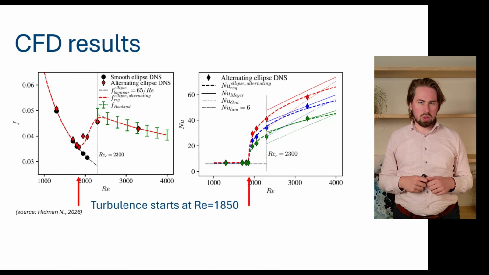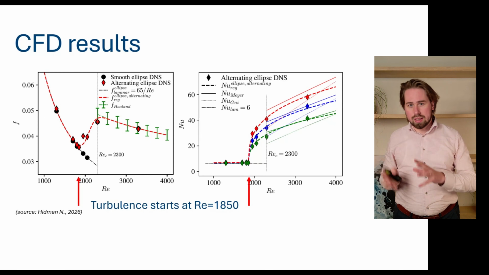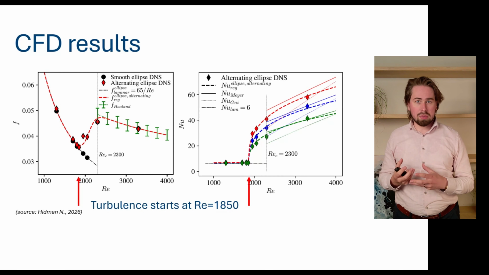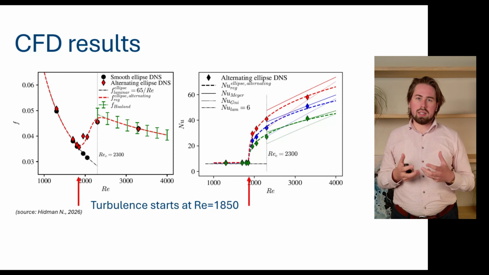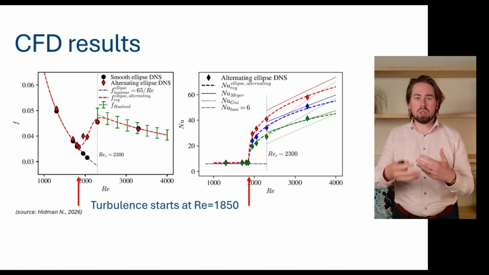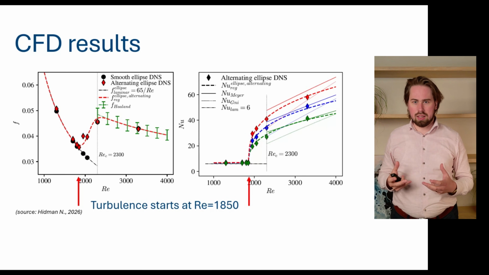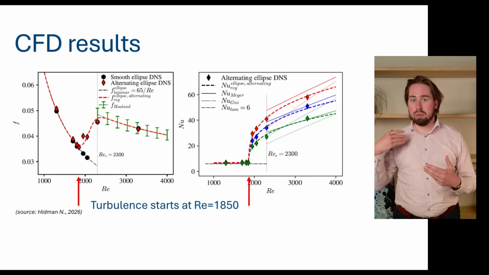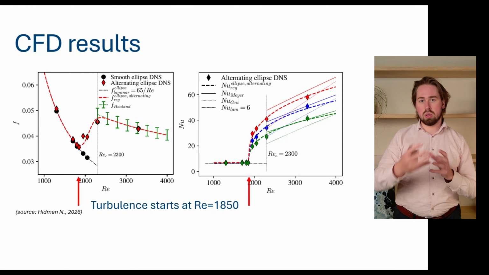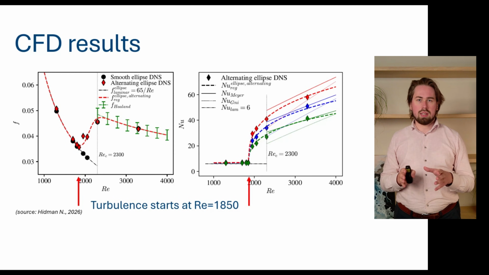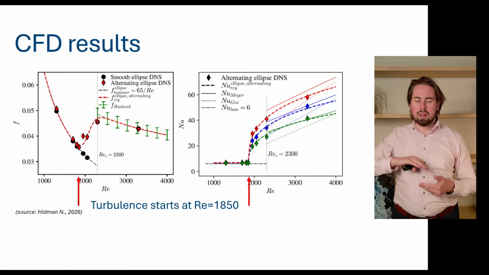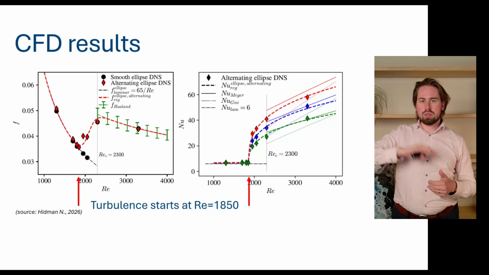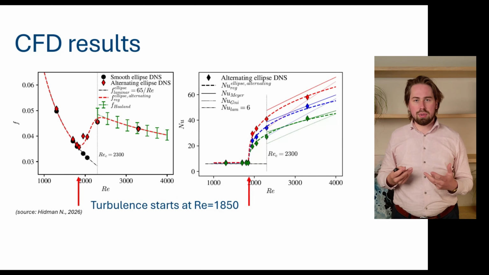Now on the right side, we have the Nusselt number. Now the Nusselt number tells us something about how good the convective heat transfer is. So we typically want a very high Nusselt number because we want a very good heat transfer from our fluid to our pipe. And also here you see that at 1850, there's a sudden jump. So the heat transfer increases significantly because of this induced turbulence.